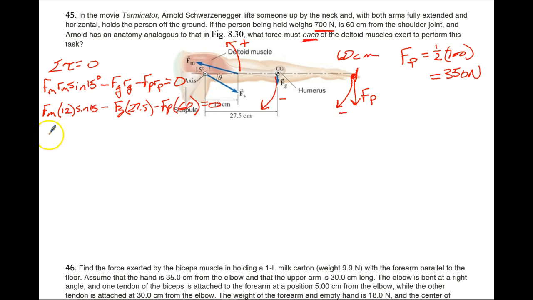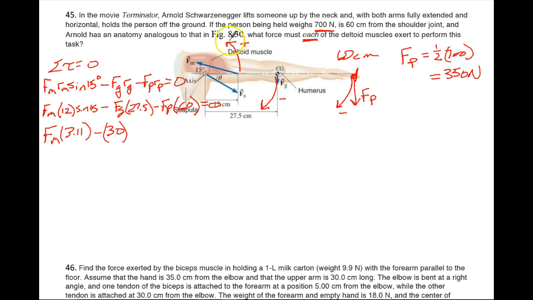Let's go ahead and put in our forces now and resolve some of these other things. So the force of the muscle times 3.11, so that's the product of 12 times sine of 15, minus the force of the arm. Now this 30 comes from the figure, and that's in the book.